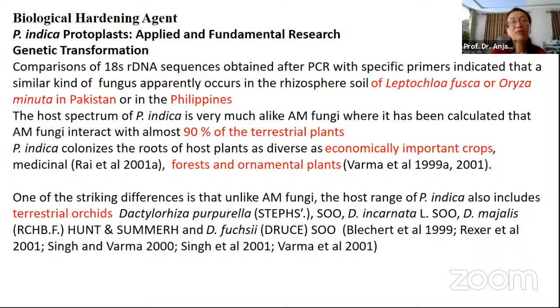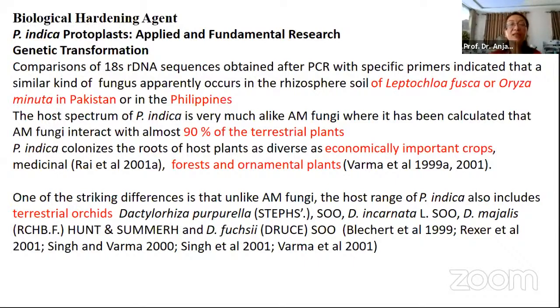So there is one experiment that has been done also in Piriformospora indica protoplasts. It has been applied PCR with specific primers.